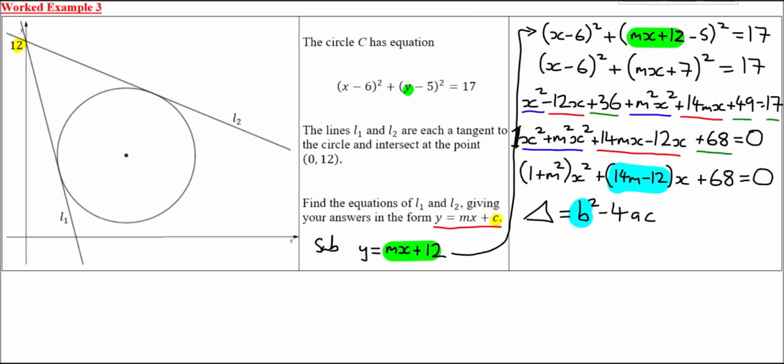A has to be the coefficient of x squared, so a is 1 plus m squared, and c is going to be just 68 on its own.